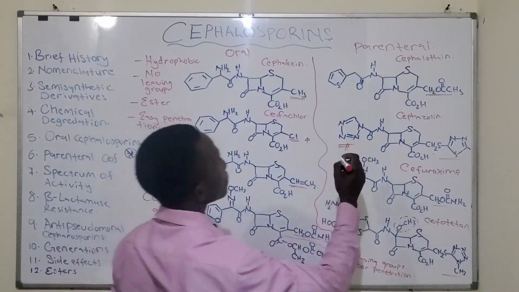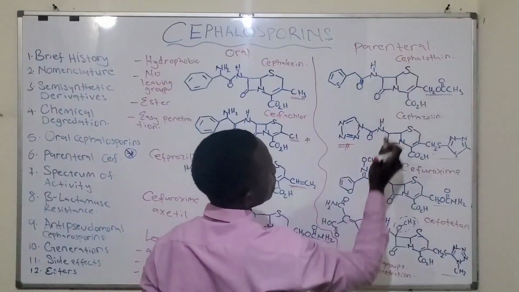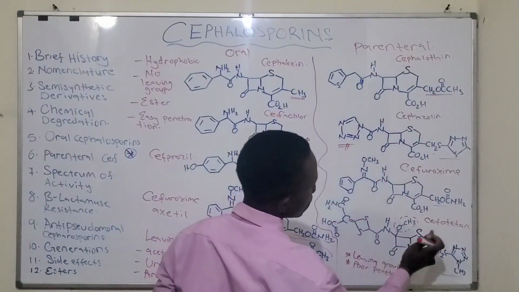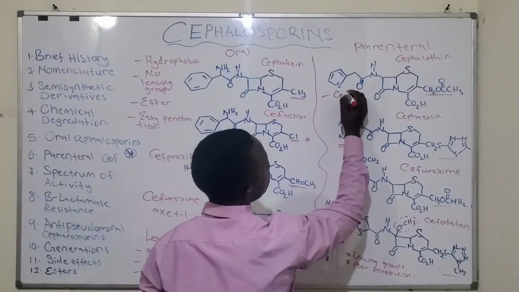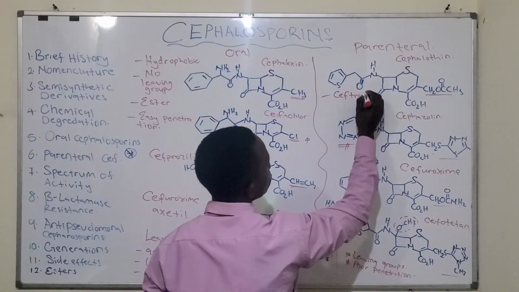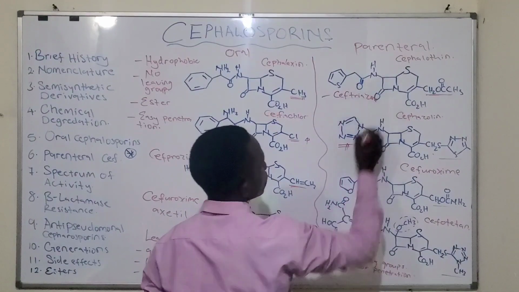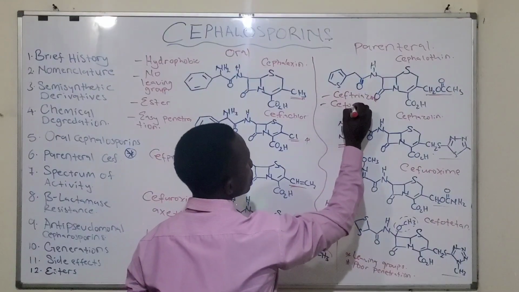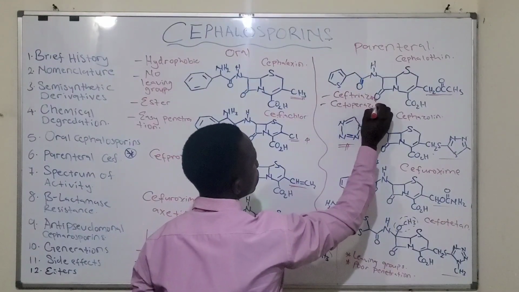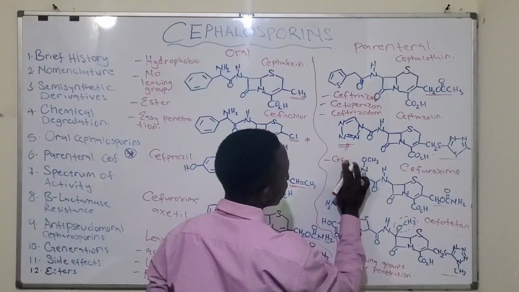So for parenteral drugs, for example, we have others such as ceftriaxone. So you see ceftriaxone, you see cefoperazone, cefoperazone.